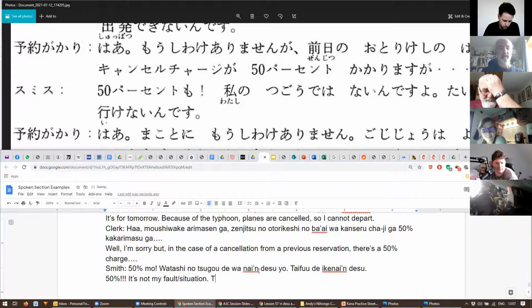And there's an is in there somewhere. And there's a not go, and I can't rearrange them into an English sentence. Oh, this is good. So this means I cannot go, doesn't it? Okay, yeah. So this basically means I cannot go with the typhoon here, or because of the typhoon, I cannot go. Right. And then again, he's using the ndes to give this emphasis that it's not my fault. It's because of the typhoon I cannot go. Yeah. That's like Ryanair.